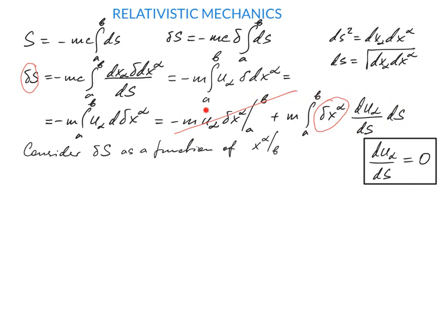But this one isn't. So we still fix the A point, but the B point is considered to be variable. So we want to find the dependence of the action on the position of the final point on the trajectory, assuming that the trajectory is physical, meaning obeys the equation of motion. Now, clearly, from the expression that we wrote, we can write that delta S, in this sense, is equal to negative m u alpha delta x alpha at point B.